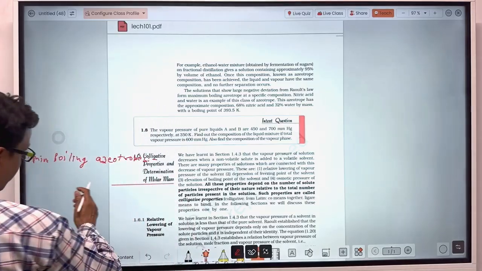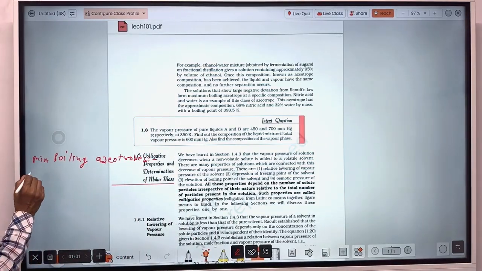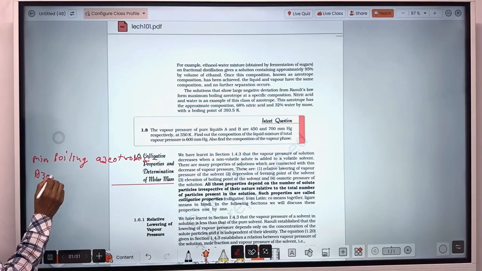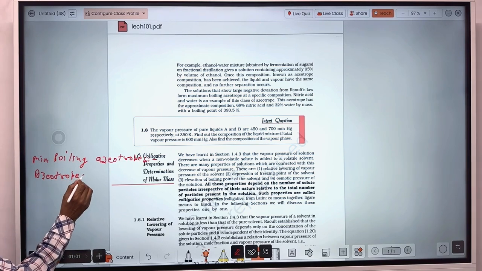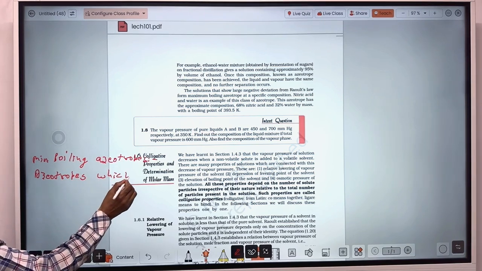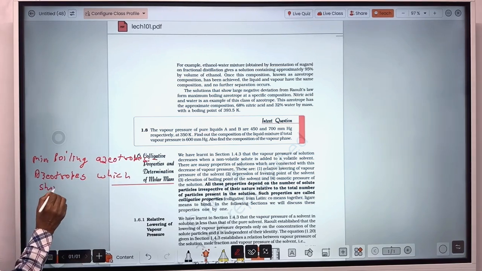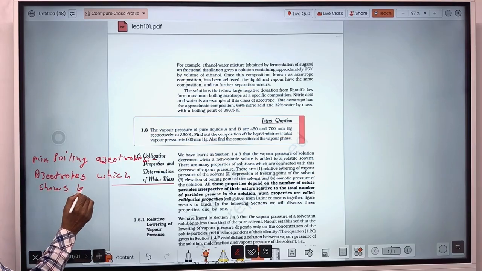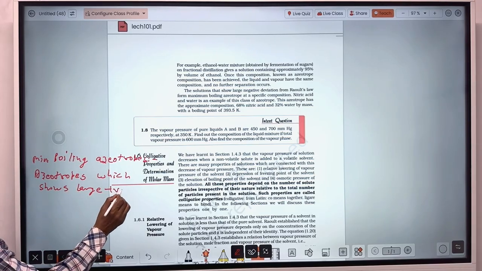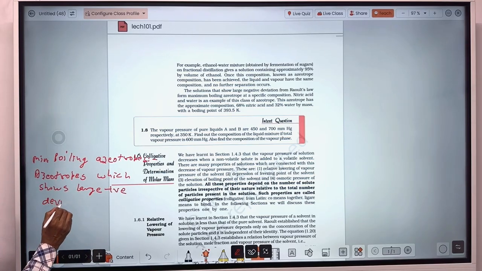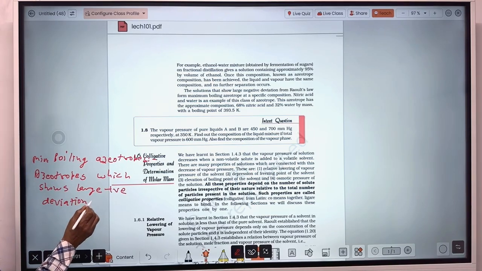That means minimum boiling azeotropes show large positive deviation from Raoult's law.